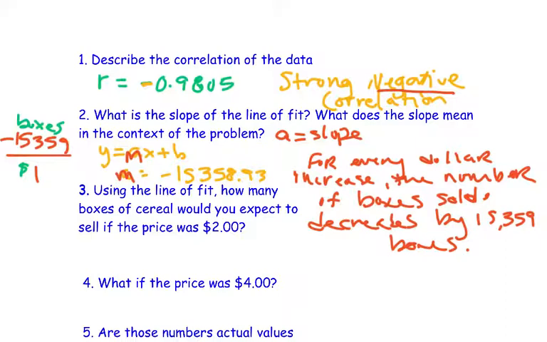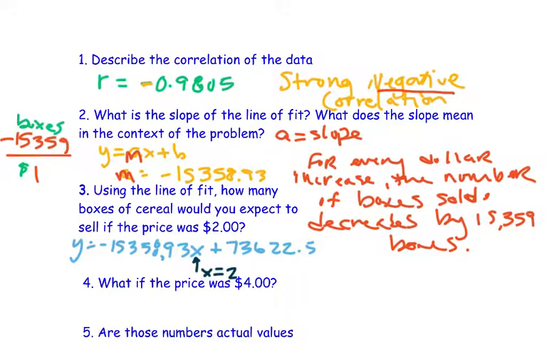Well, we take our equation, which the calculator has given you to be negative 15358.93 multiplied by your x, and then to that we'll add the b value, which is 73622.5. But then for this problem itself, we're going to put in, for the x, a 2.